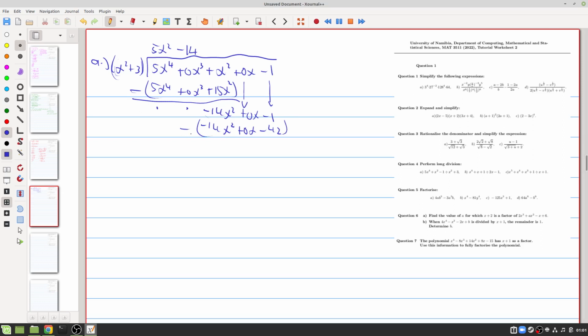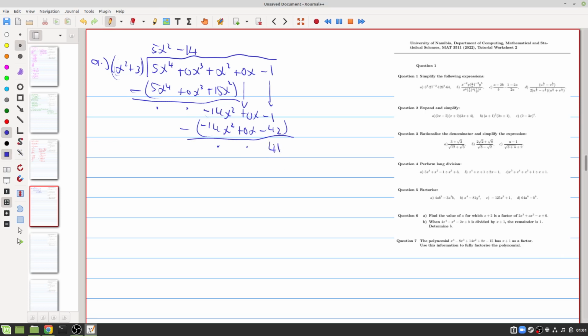And now again, we subtract. Negative 14x squared minus 14x squared is nothing. 0x minus 0x is nothing. And then negative 1 minus negative 42, so negative 1 plus 42 is 41.